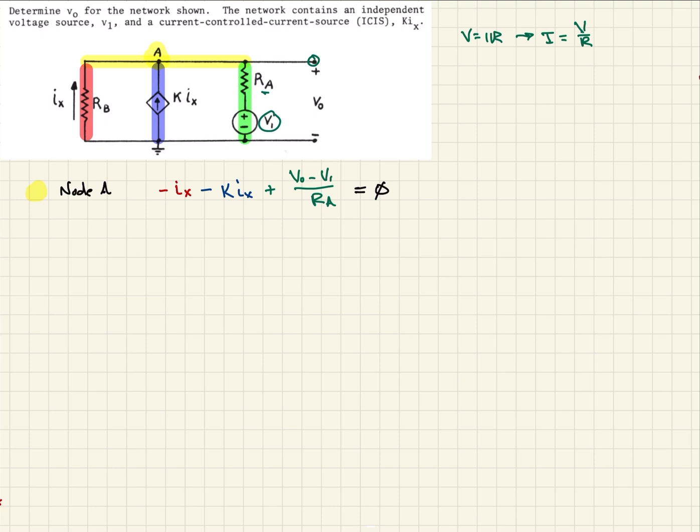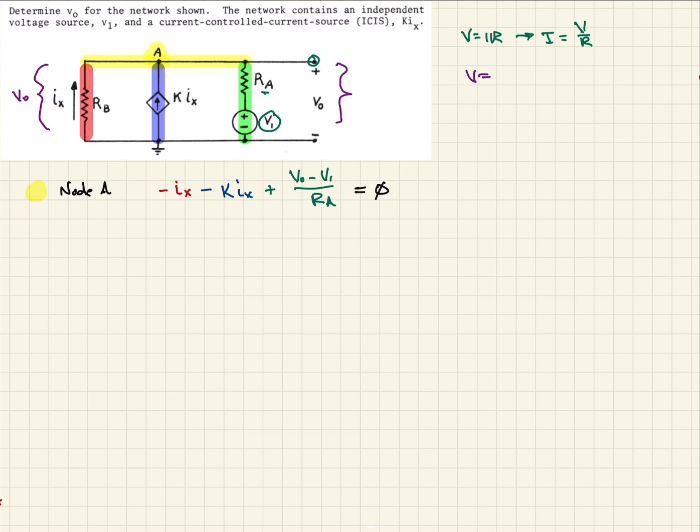Another thing we're going to notice here is that the voltage across this component is V0, right? Because it's only one component, so it's the same as here. So we can again utilize Ohm's law.